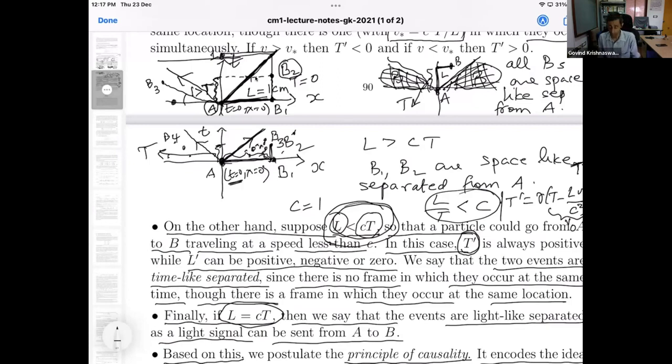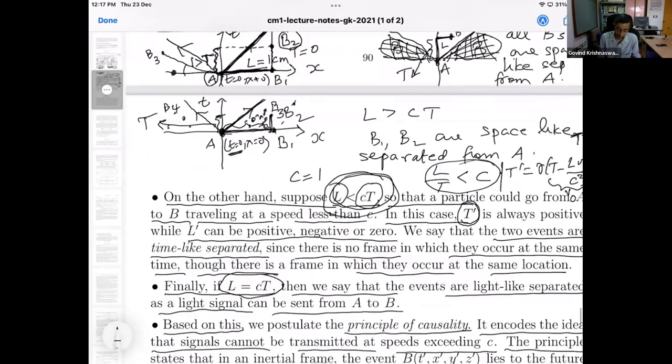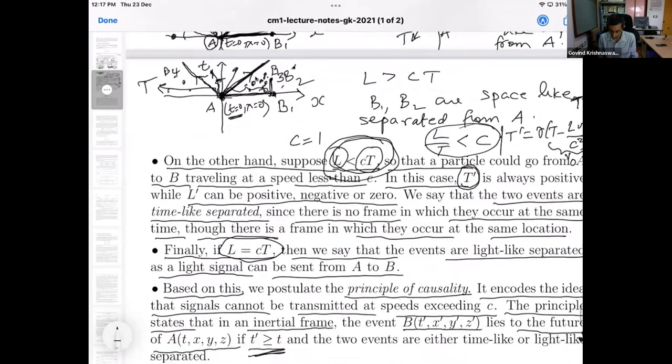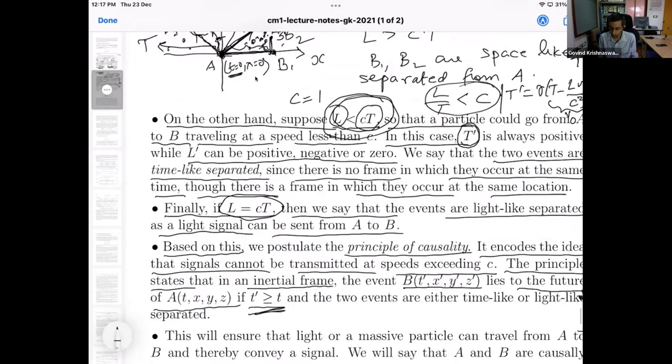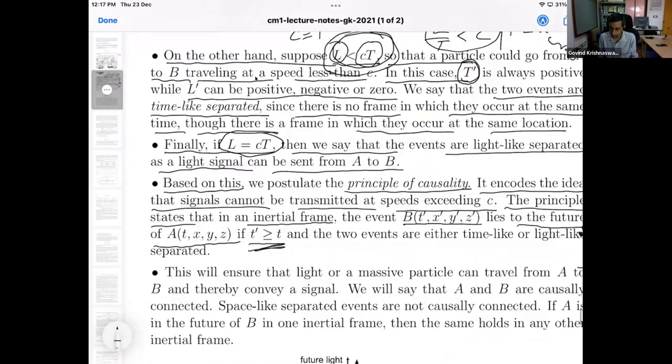So they would all be lying to the future in that restricted sense, but we would not be able to reach B from A using any light signal or by sending a signal that travels less than the speed of light, because such signals will only be able to go along this line or that line. So we want to eliminate such points B as being causally connected to A.